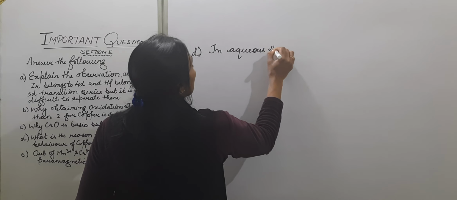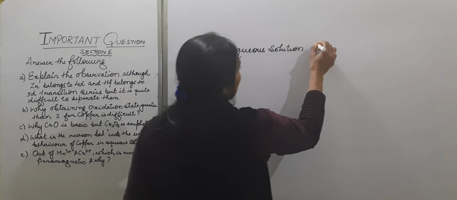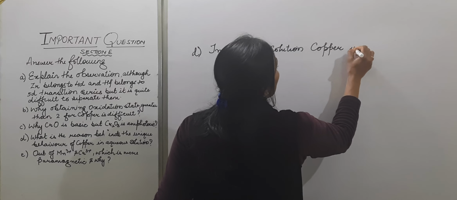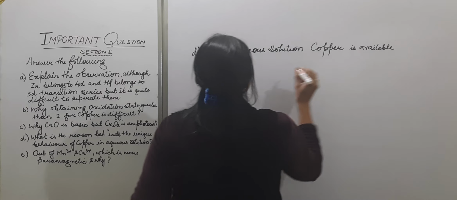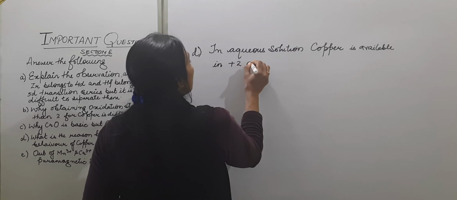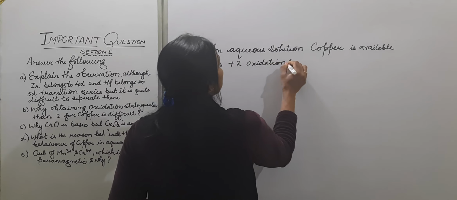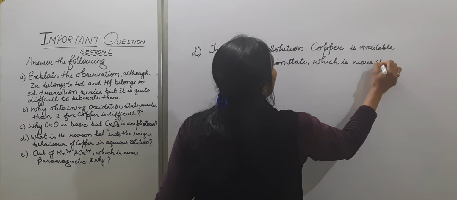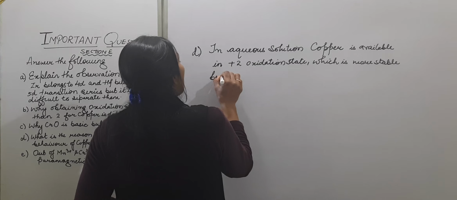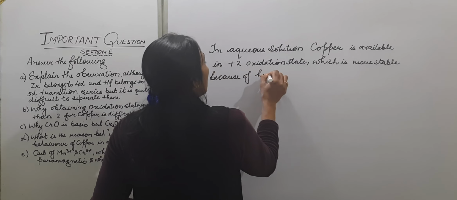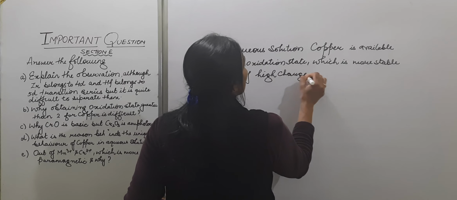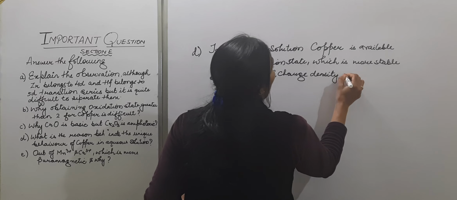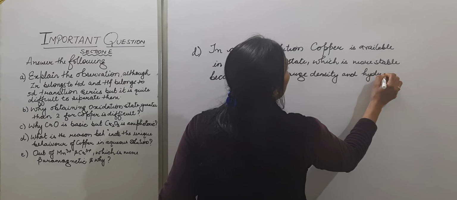So how will we write the answer for the d subpart? In aqueous solution copper is available in the +2 oxidation state, which is more stable because of high charge density and hydration enthalpy.